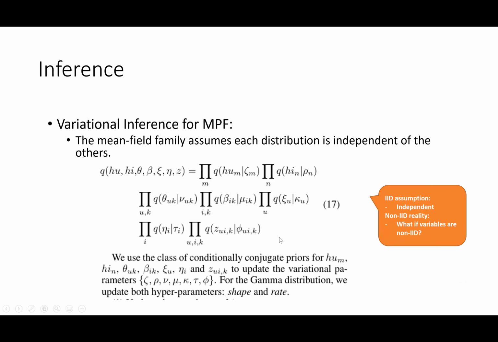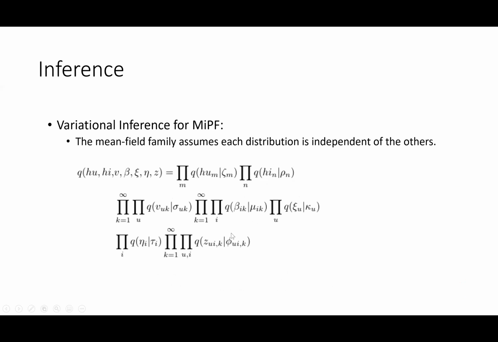But what if the variables are not independent, or are non-IID? Then this could not be done, right? And this could cause a very big trouble for probabilistic graphical models or non-parametric Bayesian as well.